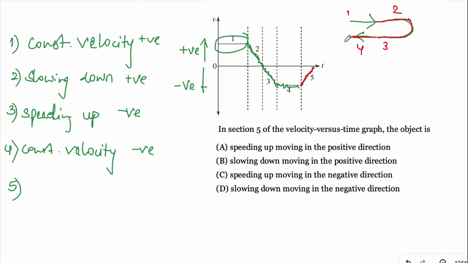Now for 5, it's slowing down, will come to a halt and then take a turn again. So it is slowing down in the negative space, moving in the negative direction. Option D is the correct answer. This is how we analyze the motion given through a graph.